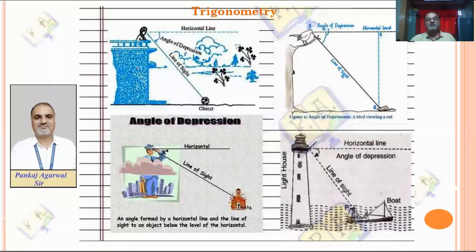Now, suppose you are standing on top of a building or a terrace and you are observing a plant or a tree or a football on the ground, or you are a bird on a tree observing a rat on the ground, or you are on a lighthouse or on a cliff observing a boat in the ocean.